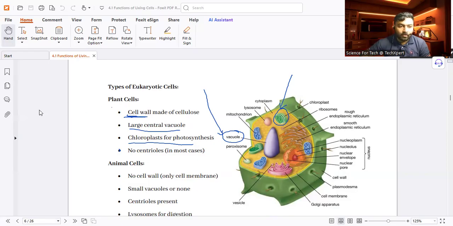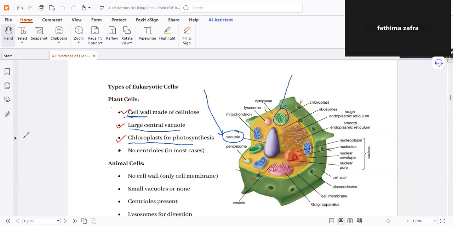That means you can use these three characteristics to distinguish between a plant cell and an animal cell. To identify a plant cell and an animal cell, you can use cell wall, vacuole, and chloroplast. Understood? Yes, sir. Okay.